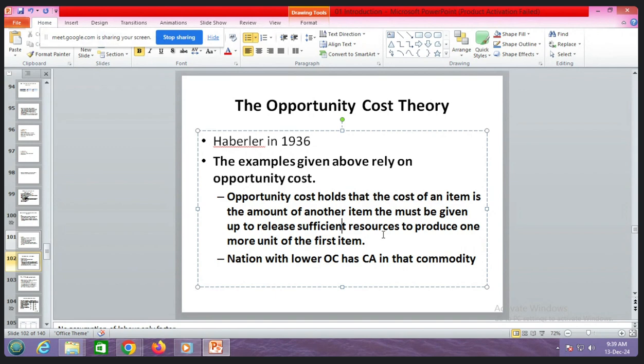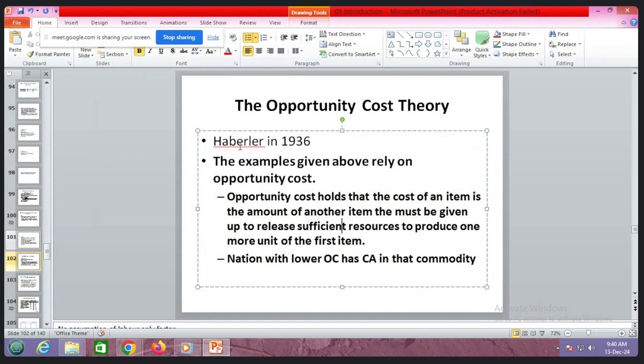From where that comparative advantage comes, different explanations have been given over the last century. But the base of the theory, that trade happens because of comparative advantage, has not been challenged.